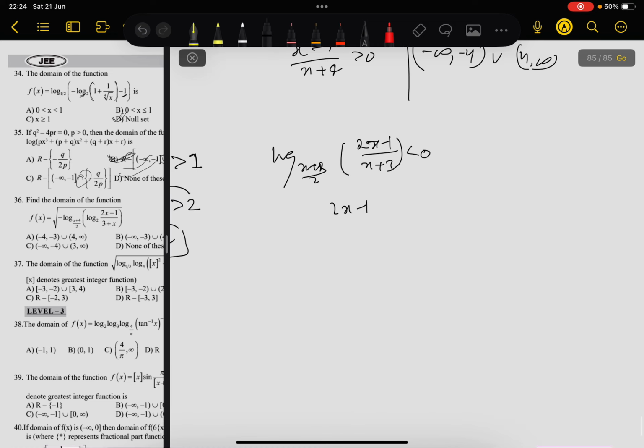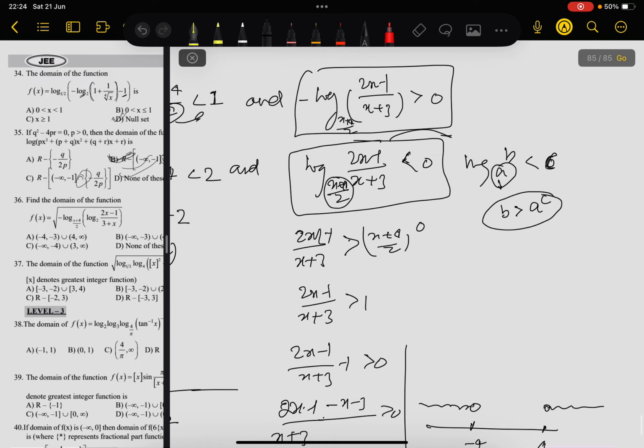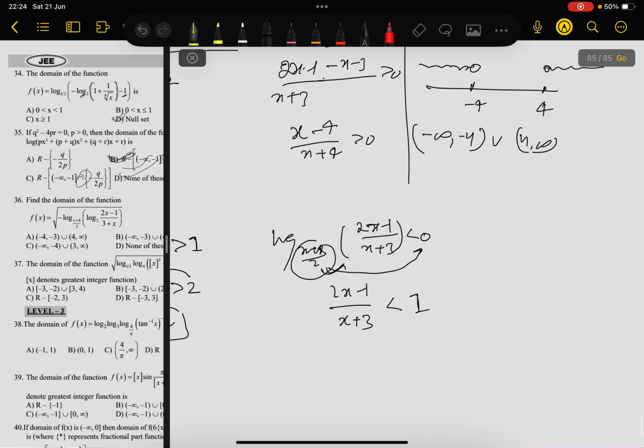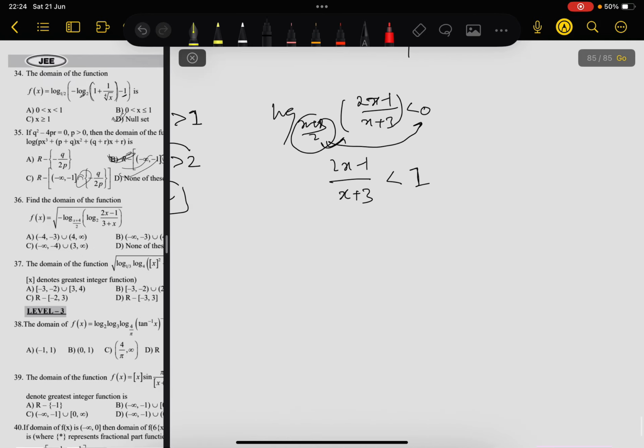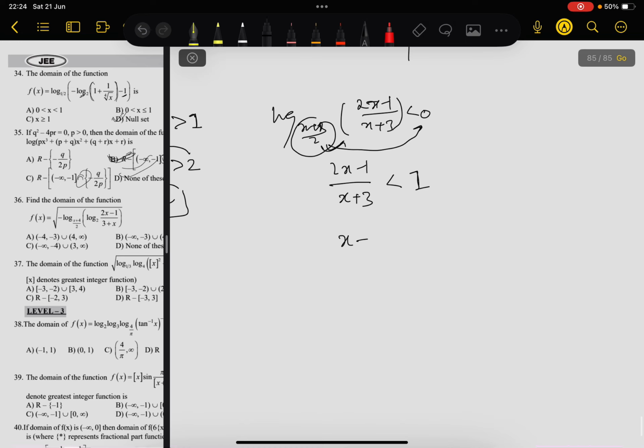So because this base is greater than 1, the inequality will remain the same, so less than 1, right? This base raised to 0, so that is 1. Here also I have used the same, yes, this was greater than 0, here it is less than 0. So we will get the same expression, x minus 4 divided by x plus 3.